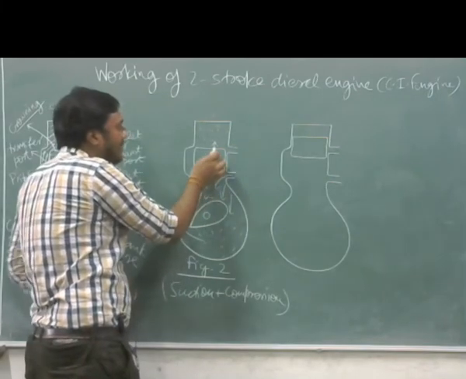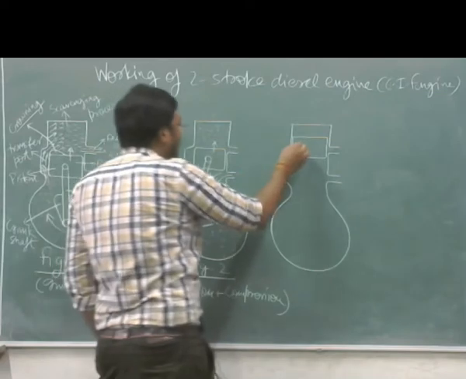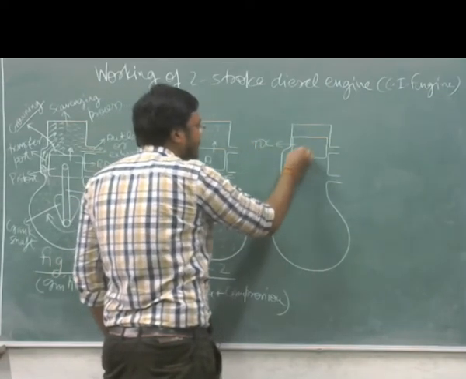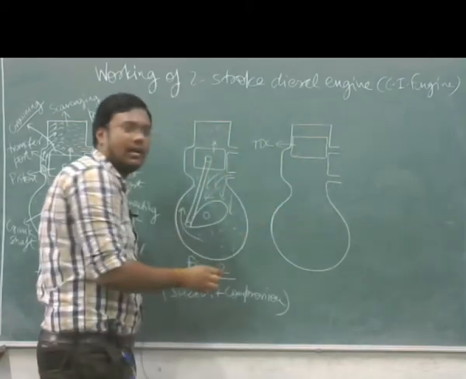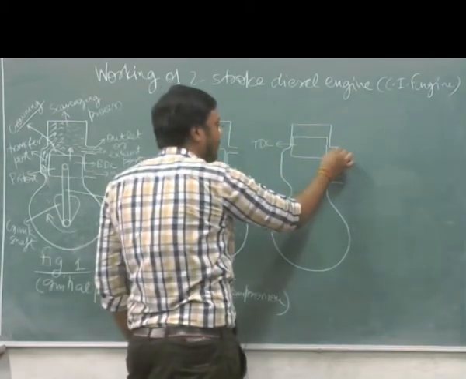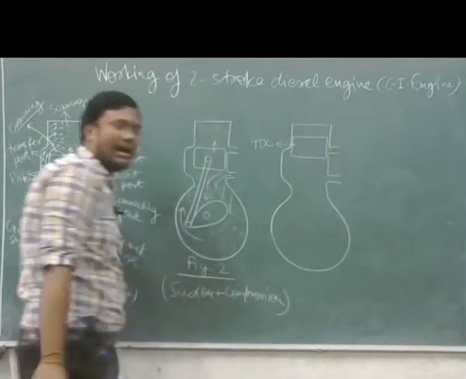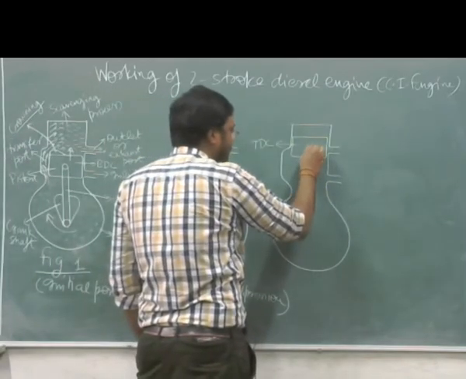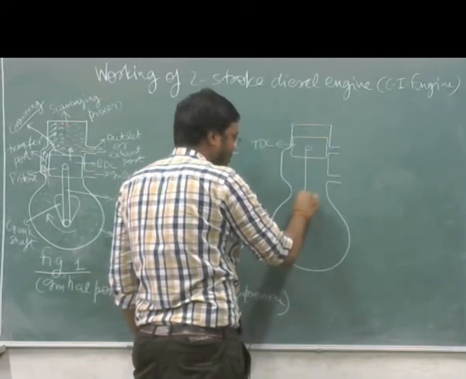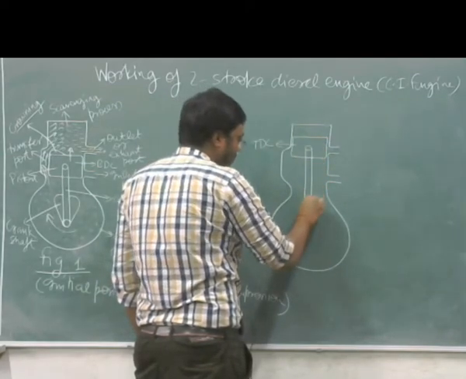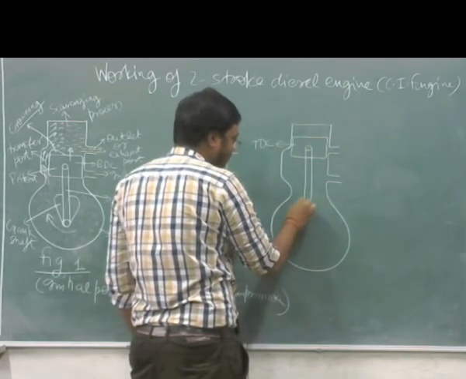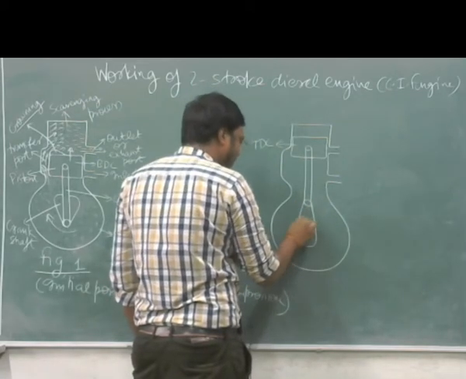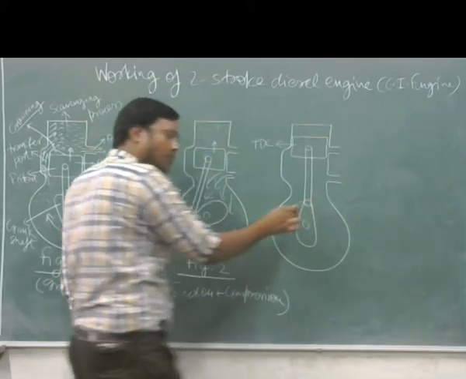And when this piston reaches the TDC position, it will completely cover and close the outlet valve. Now this piston is at TDC, so the crankshaft is also at the topmost position.